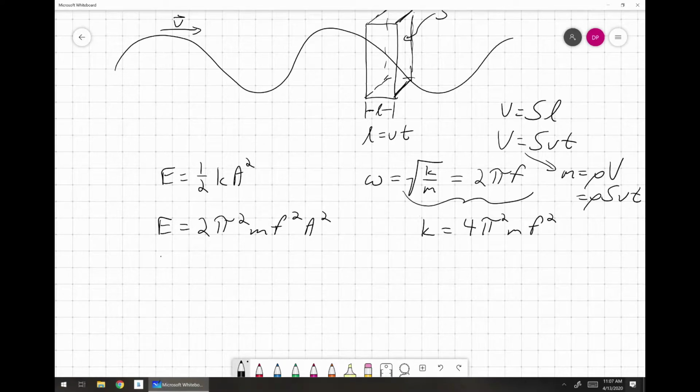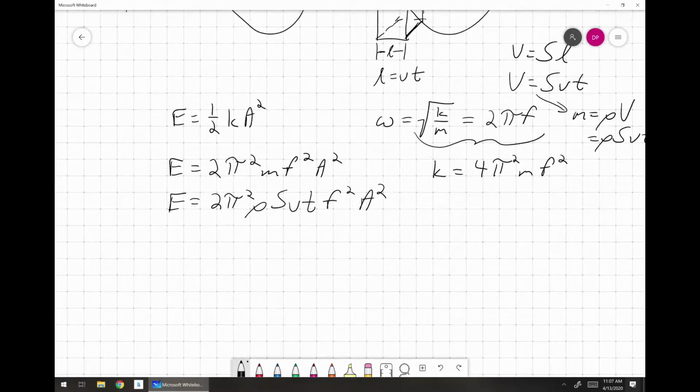And so then we can plug that into our energy equation here. So we have 2 pi squared rho S v T f squared A squared. Okay, so this is then the energy that is being transported through that volume of material over time.